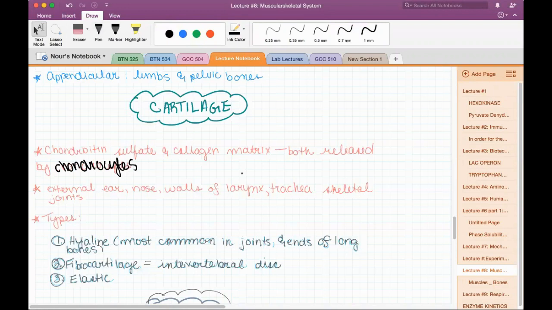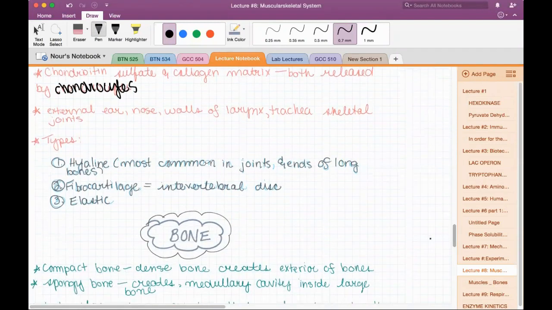You find cartilage in the external ear, nose, walls of the larynx, trachea, and skeletal joints. There are several types of cartilage, but there are three types that you just need to know about. The hyaline, which is the most common, is found in joints and the ends of long bones. The ends of long bones is important to know.